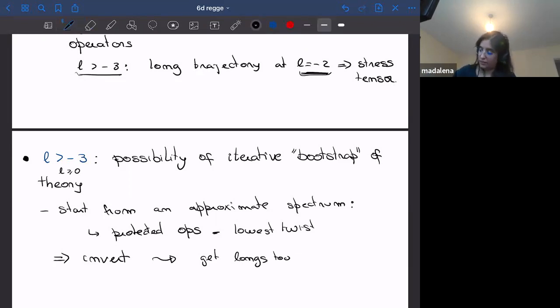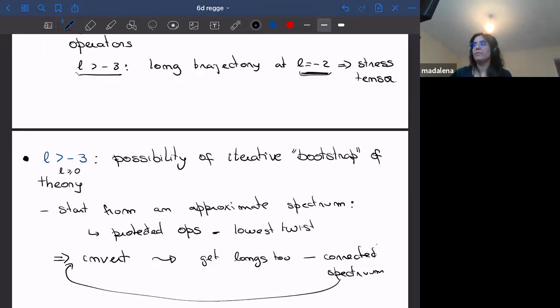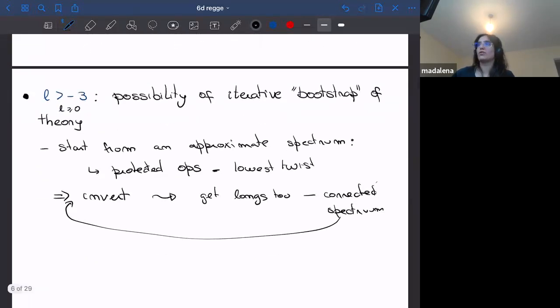And this is some sort of a corrected spectrum that we can then plug back in and repeat. So this is a bit uncontrolled in the errors. We know that at large spin, the leading contributions do indeed come from the protected operators, but we're ignoring infinitely many Regge trajectories of larger twists, subleading operators. But it's still something we can try, and we experimented a little bit, so I will show you the results at the end.